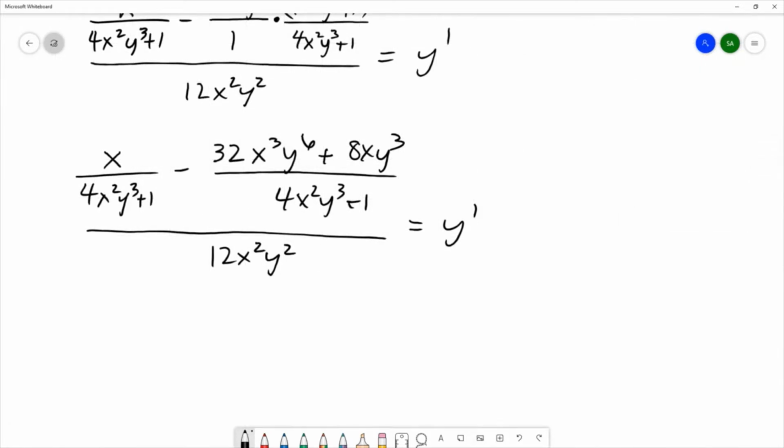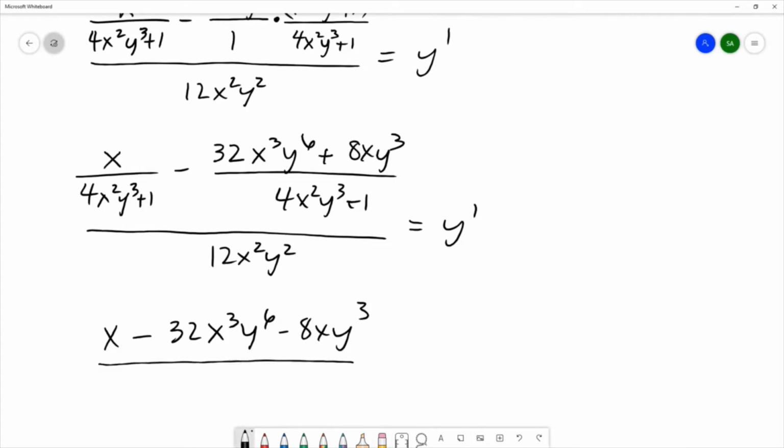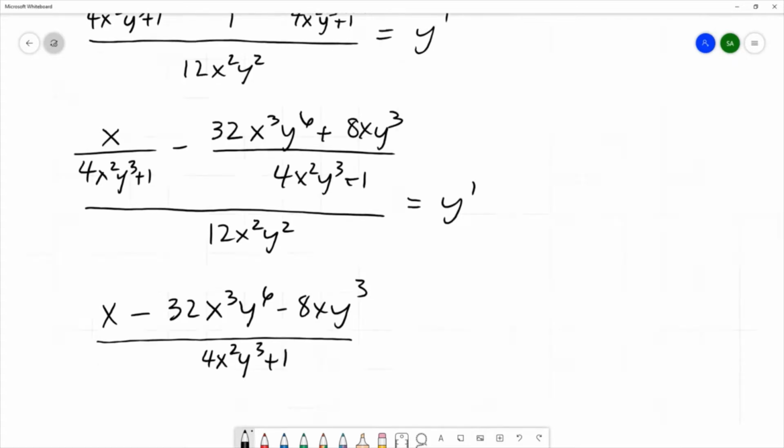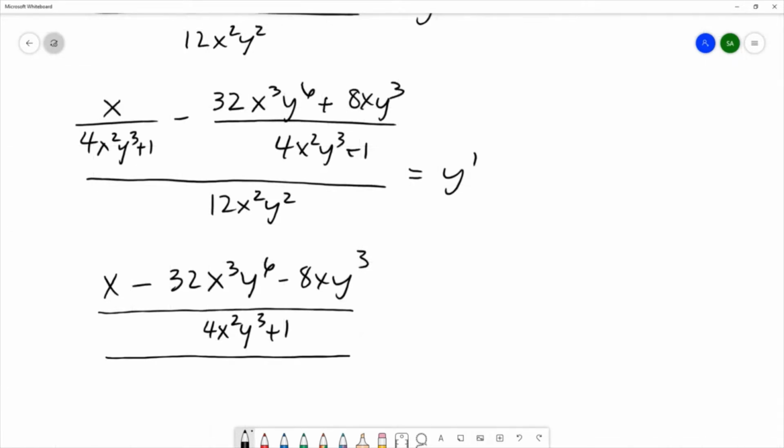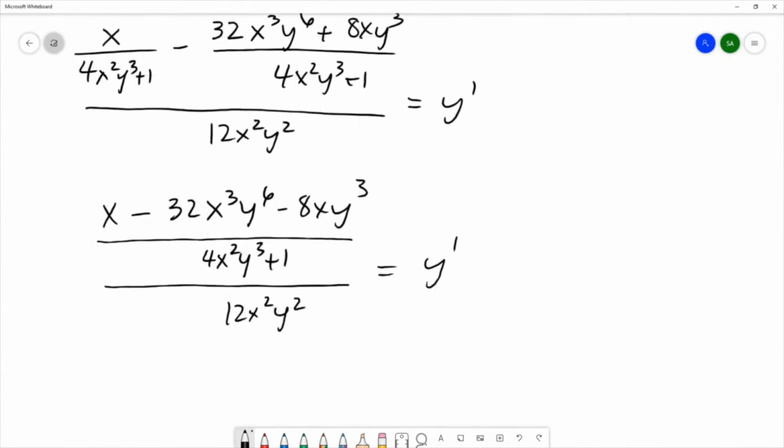So this would give me x minus 32x cubed y to the 6 plus 8xy cubed. This is actually a minus here. I need to distribute that minus. And then I can multiply by the reciprocal.